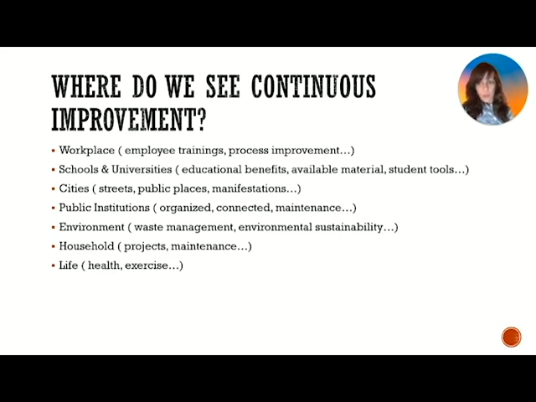For example, at workplaces where we see employee trainings and process improvements, in schools and universities, where we have certain educational benefits, available material placed there for students to improve their knowledge. Then we have all kinds of different tools for students to use at schools and universities.